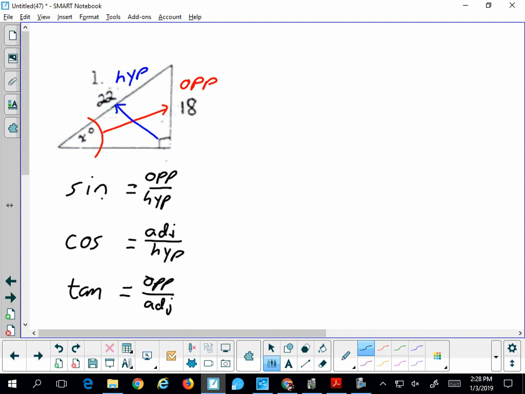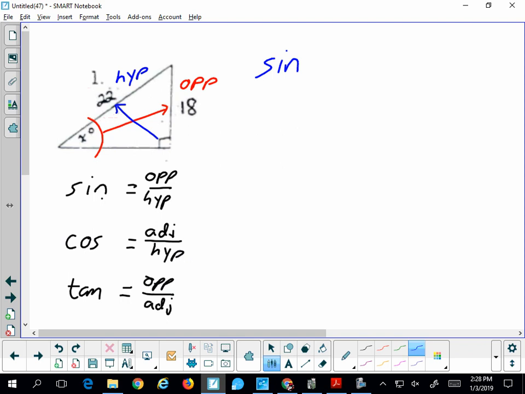So based on what I'm given in this problem, my two sides, opposite and hypotenuse, direct me to using which trig function has those two sides as a component. So that would be the sine. So my trig function I'm using for this problem 1 is the sine function.